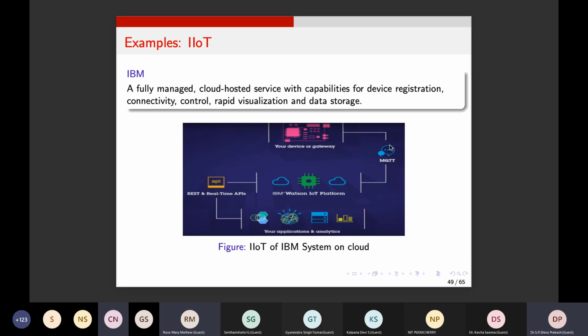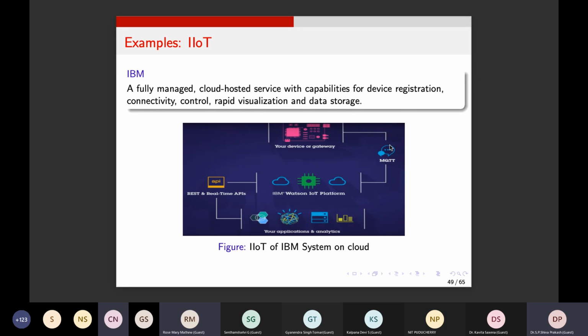So, in fact, there are many companies utilizing this IoT, you know, like IBM, a fully managed cloud-hosted service with the capabilities for device registration, connectivity, control, rapid visualization, and data storage. Right.